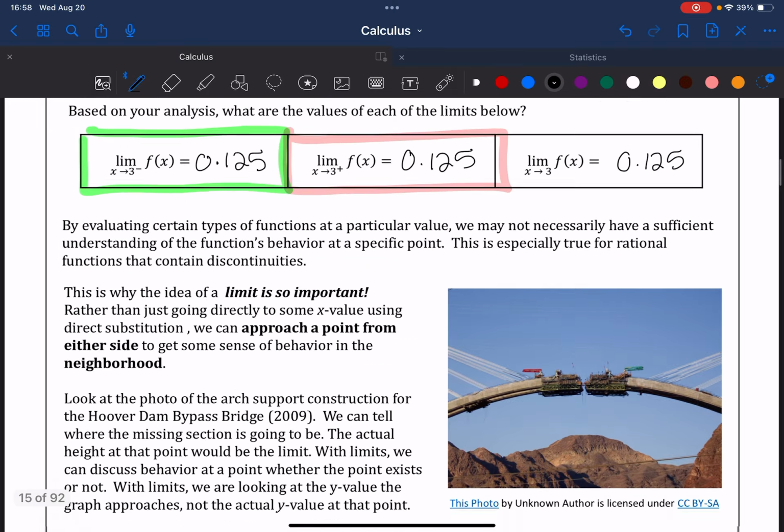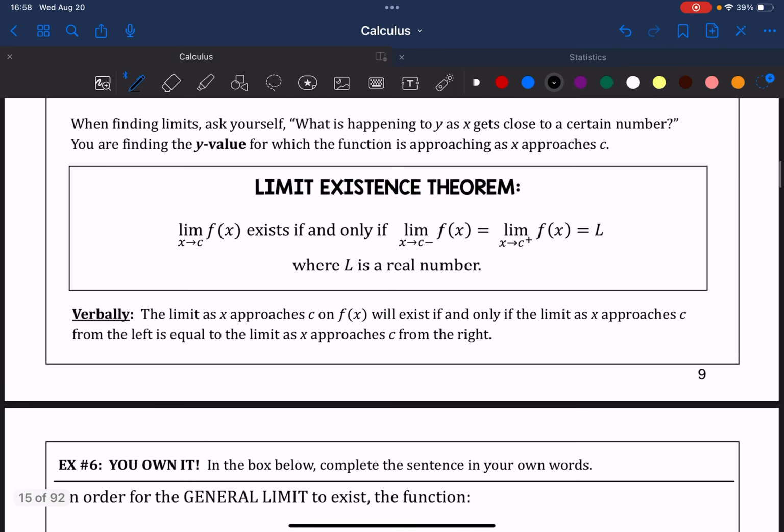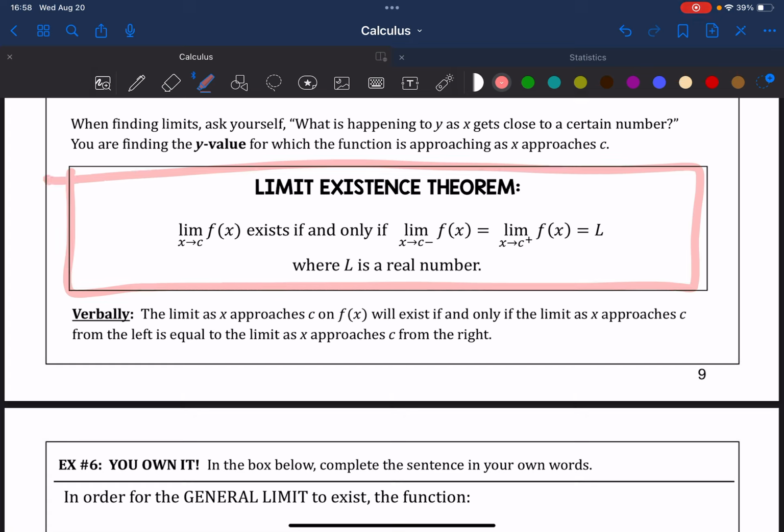Okay. That leads us to the following, and that is the limit existence theorem. Basically what this is saying is that a limit can only exist if the left and the right side are both equal to a real number. And it tells you it verbally below.